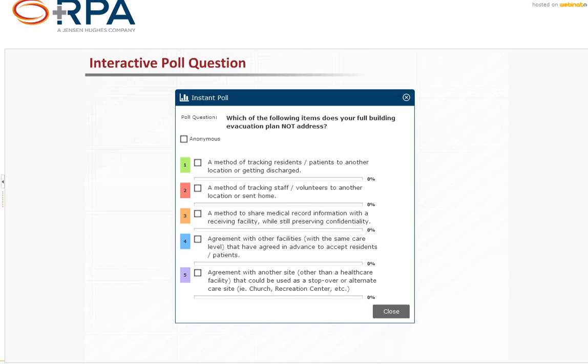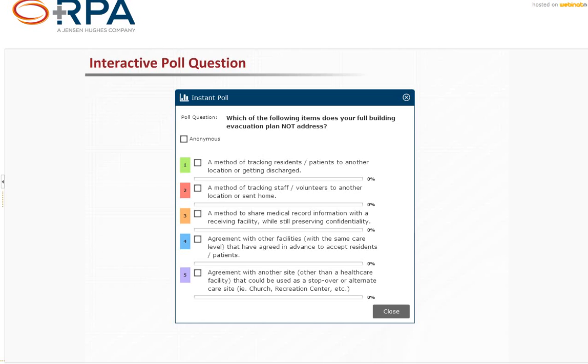We've got some pretty long answers here, but number one is a tracking method for residents and or patients. Number two, a tracking method for staff and volunteers if they're getting sent to another location or sent home. Number three, a method for sharing medical information and charts while still preserving confidentiality.